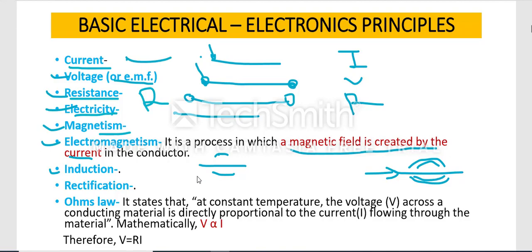The next is rectification. So what is meant by rectification? Rectification is a process of conversion of alternating current into direct current. So conversion of AC to DC is known as rectification. Rectification is performed by a diode, and by using that diode we perform this conversion of AC into DC.